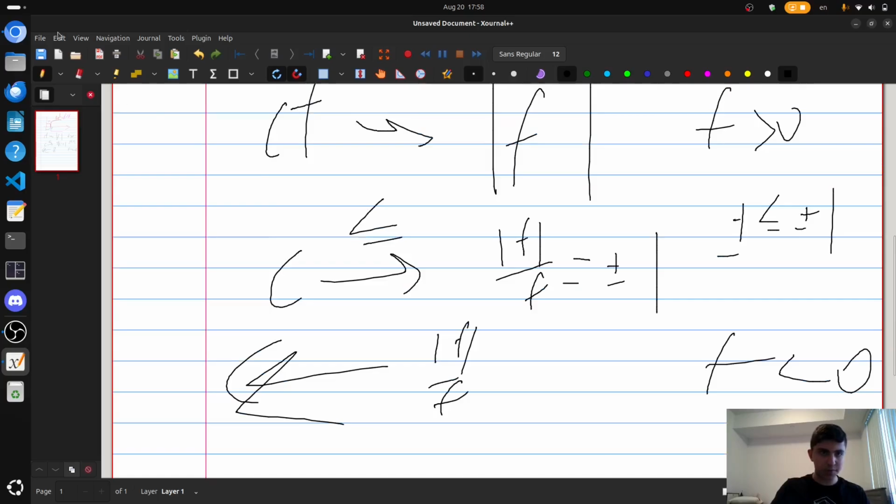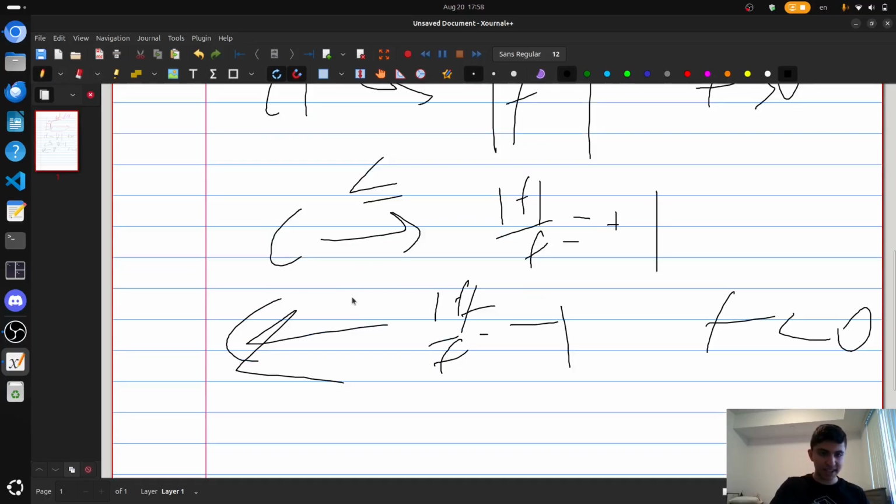Sorry, this is going to be positive 1 over here, right? It's going to be equal to positive 1. And we know that c is equal to negative 1 or 1, so that's less or equal to positive 1. And now here, this is equal to negative 1. And we know that c is greater than or equal to negative 1, because it's either 1 or negative 1.